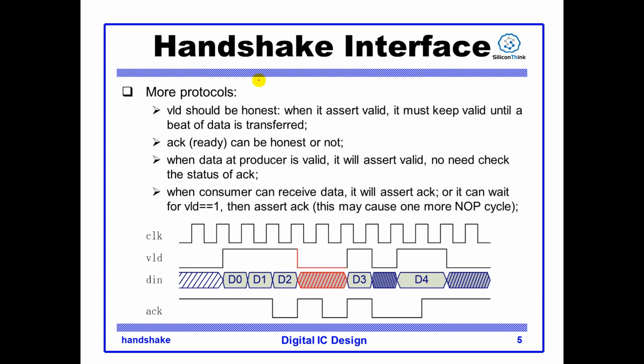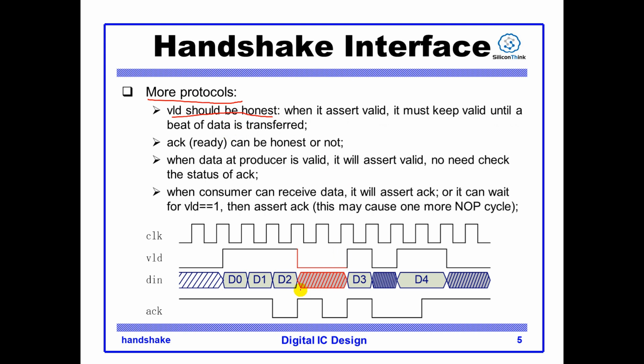When used in real applications, we usually add more restrictions on block A and block B. These are extra restrictions on block A and block B. Usually we follow these restrictions, but not in all cases. So let's check them. First, valid should be honest. That is, when you assert valid, you must keep valid until a piece of data is transferred.